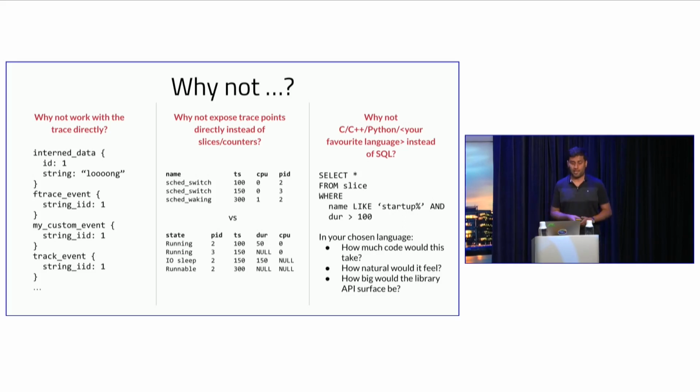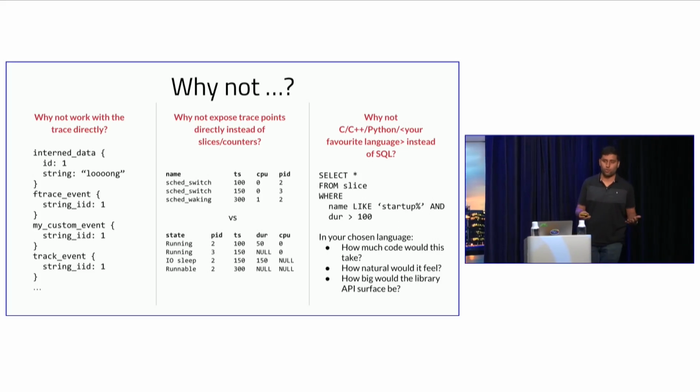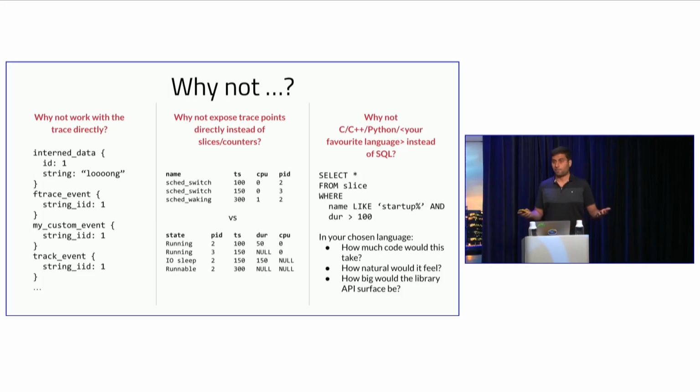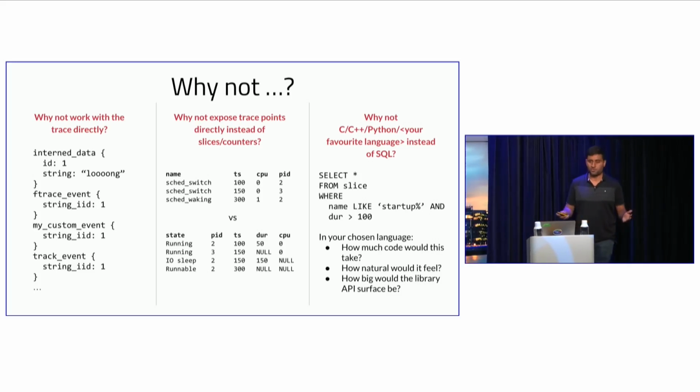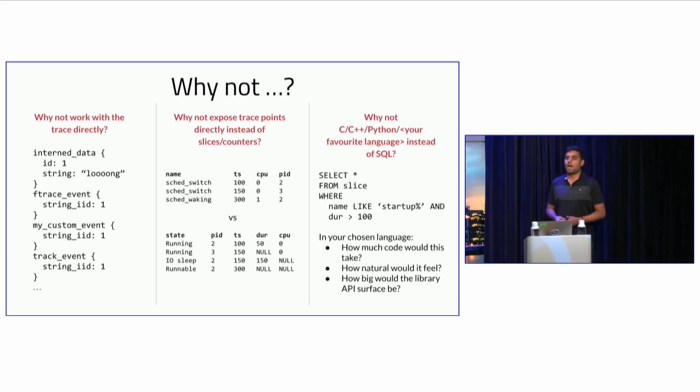Perfetto traces, for example, have what's called interning, where you can emit a string once at the start of the trace, and then instead of emitting the string again throughout the entire trace, you just emit an ID which references that string. Everyone reinventing the wheel here would be a complete pain. So trace processor takes care of that for you. It does de-interning of everything transparently.